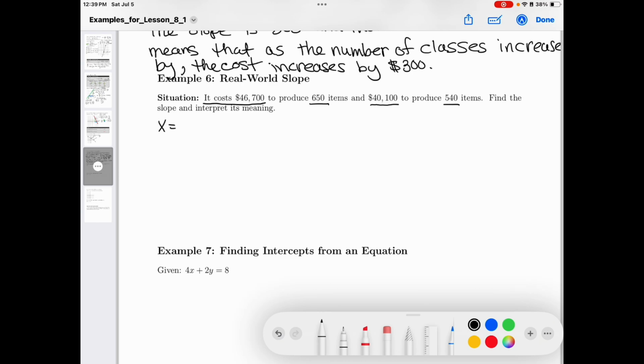So X is the independent variable, which is the number of items produced. And Y is the dependent variable because the value of Y depends on the number of items that are produced.